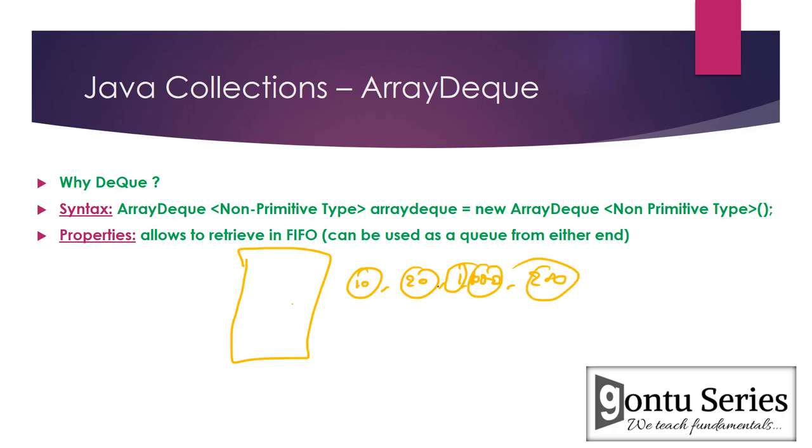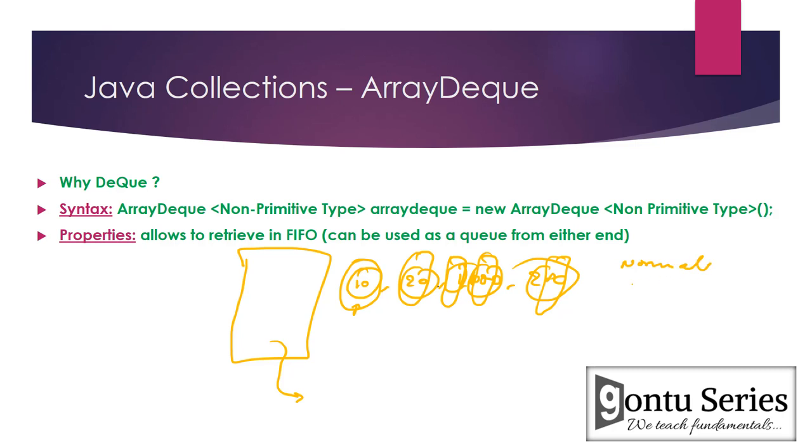It's just that when you want to retrieve an element from an ArrayDeque Java collection, it's going to allow you to take out the first element, then the next element, and then the next, and the next. So it's a normal queue basically.